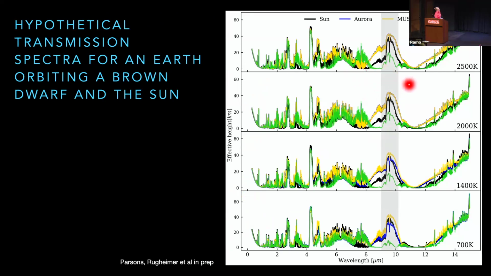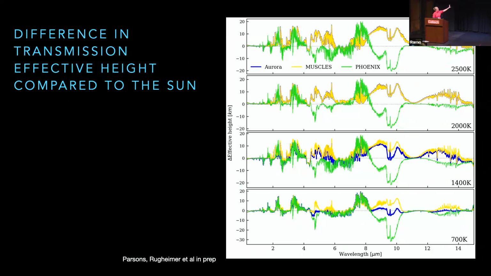So the green has much less ozone production, versus the Muscles stars and Aurora model brown dwarf extrapolations, which have more ozone than even the Earth-Sun system. And this is just highlighting the difference in the transmission effective height compared to the Sun. So this is the difference compared to our Sun's ozone feature, and you can see that except for the Phoenix models, where you have much less ozone production, you actually do get quite a bit more ozone.